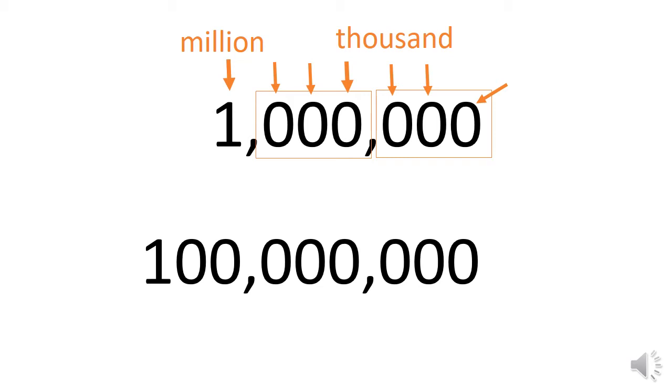Let's look at Korean numbers. Even though they adopted American comma system, three zeros, indeed, they group four zeros.